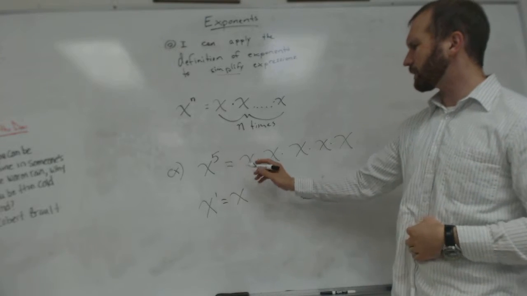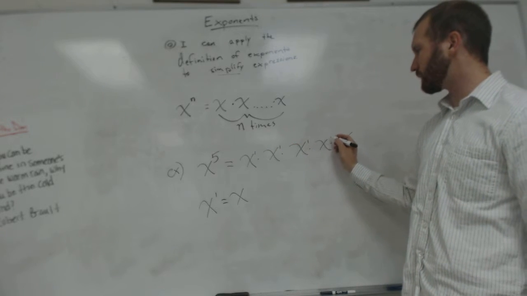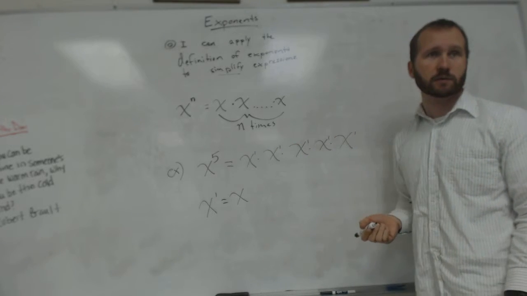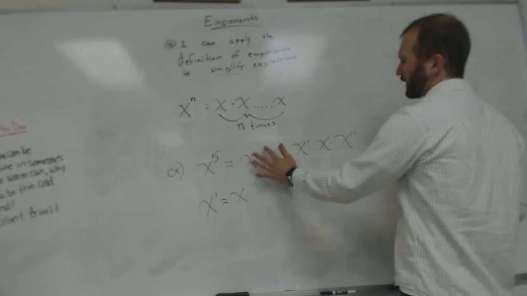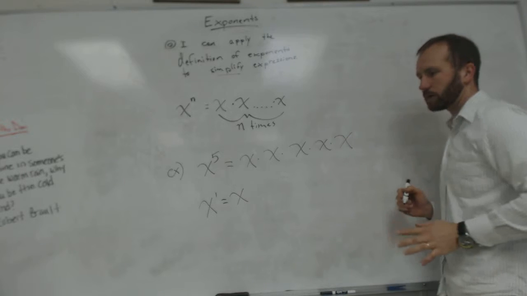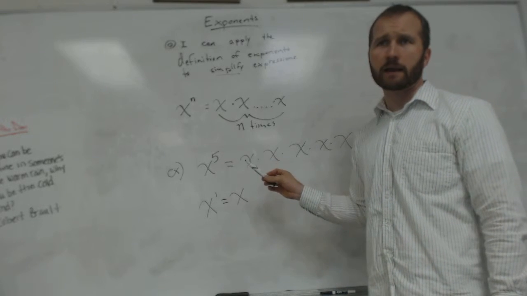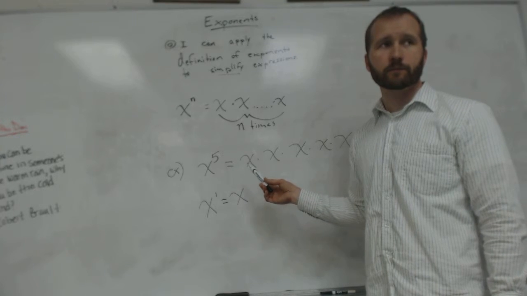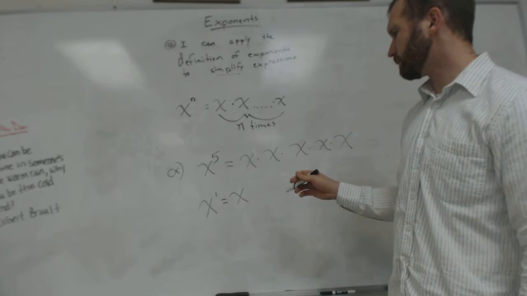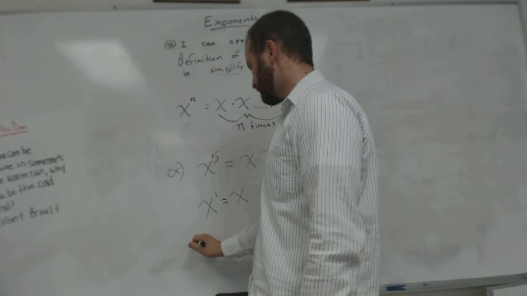I could say that x to the 5 equals x to the 1 times x to the 1 times x to the 1, 5 times, if I wanted to. But it's simpler usually to leave out the 1 exponent and to just say x and know that that is x to the 1.